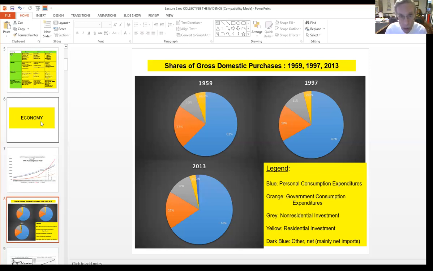Now, a funny thing has been happening with government spending. You can see it starts out at 22%, moves to 18%, and then 17%. Since then, it's come up. Government spending has increased a bit, and today it's probably closer to 20% again. So it's a significant part of the GDP.